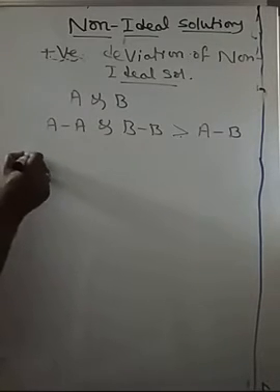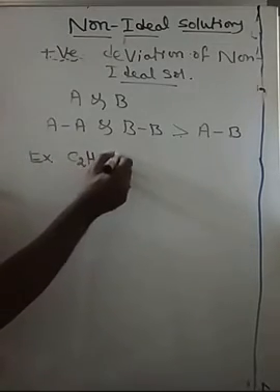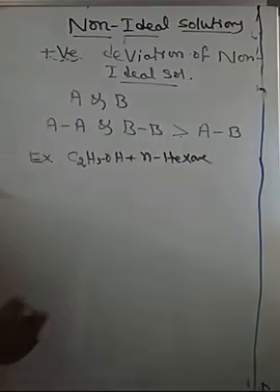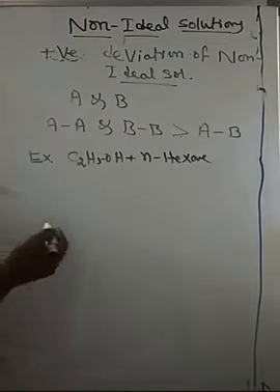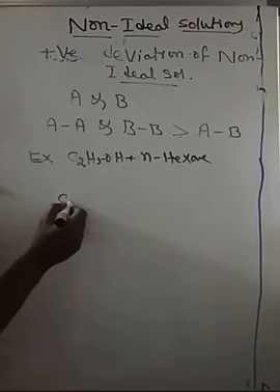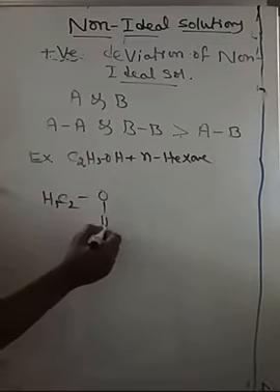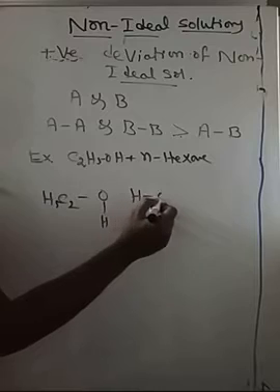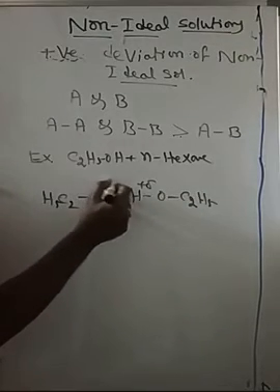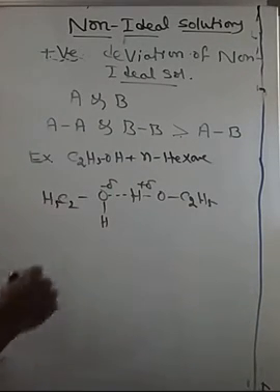For example, take a mixture of ethyl alcohol and n-hexane. Before intermixing, hydrogen bonds are formed between ethyl alcohol molecules.